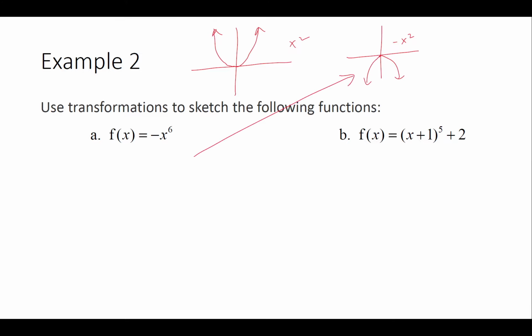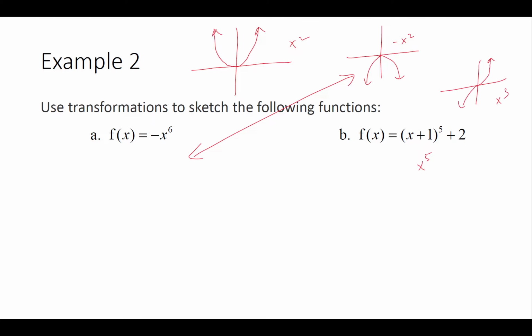Here, this is the basic function we're using without this constant. If you imagine the function without this 2 and 1, the function would be x to the power 5. The graph of x to the power 5 would be similar to the graph of x cubed, which is a cubic function.